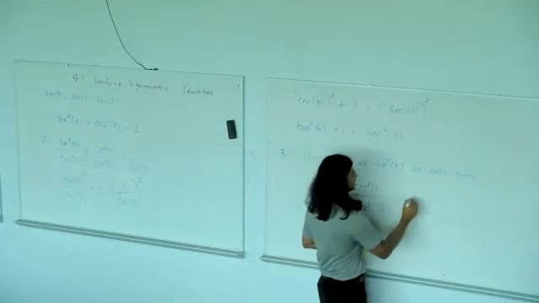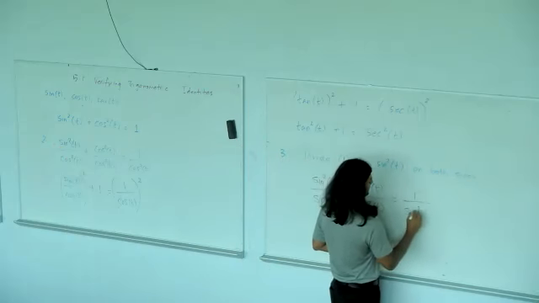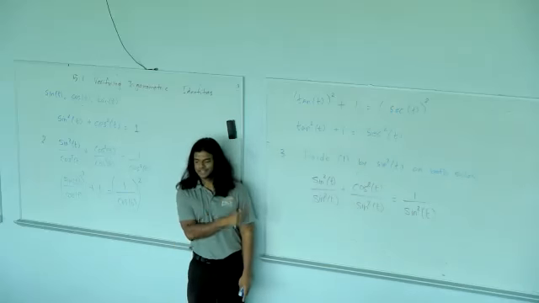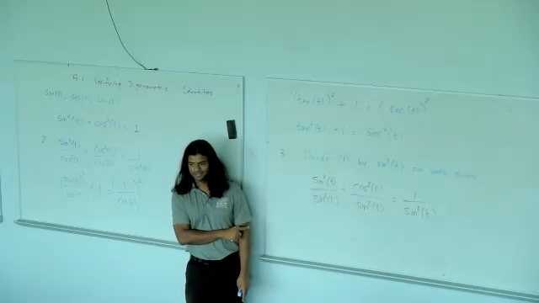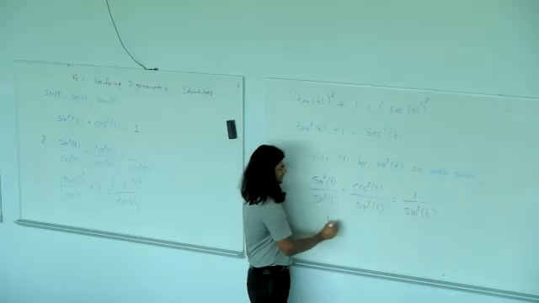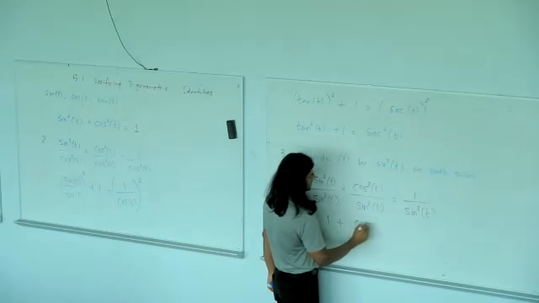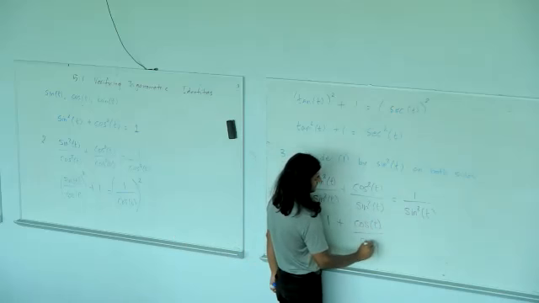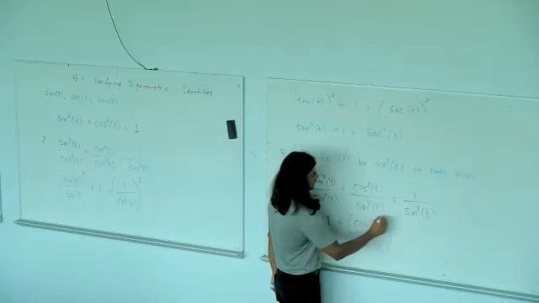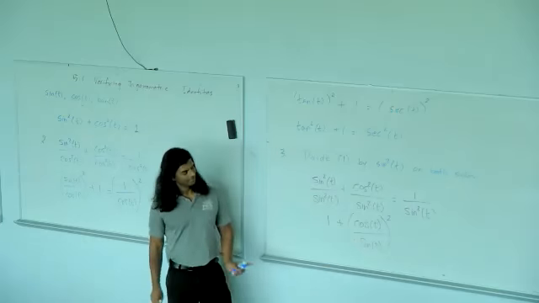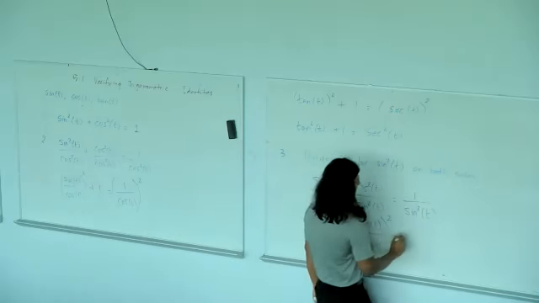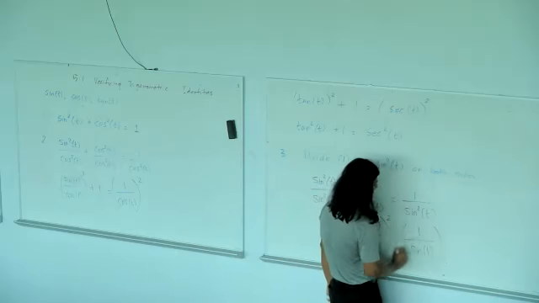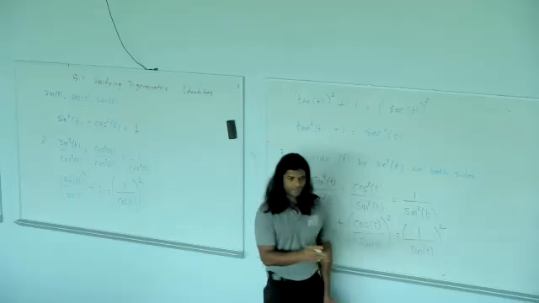Divide by sine squared t on the other side. Sine squared t divided by sine squared t is 1. I'm going to rewrite that as cosine t divided by sine t, squared. Right hand side, 1 over sine t, squared. Good so far?